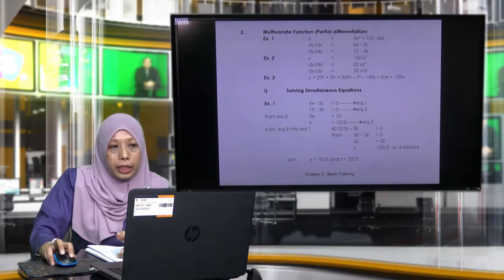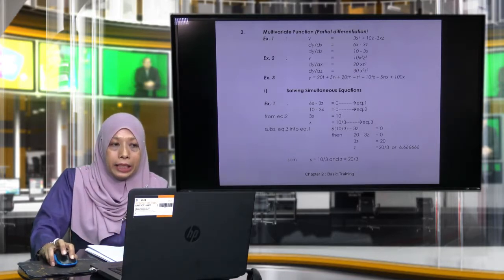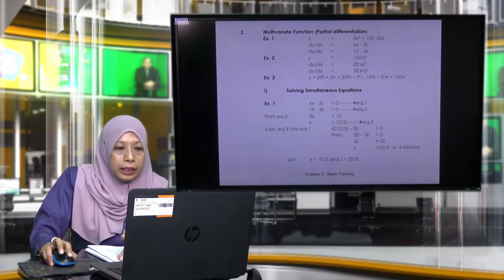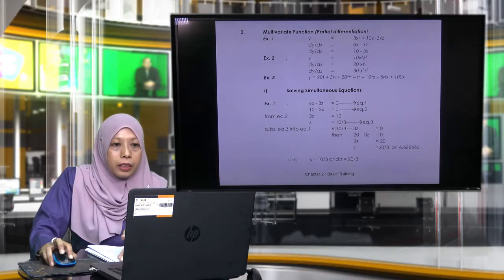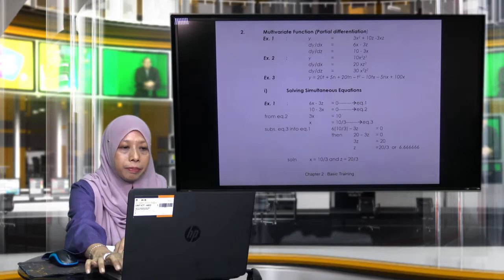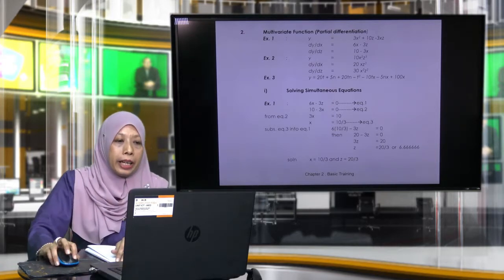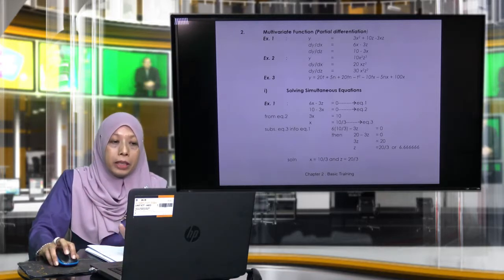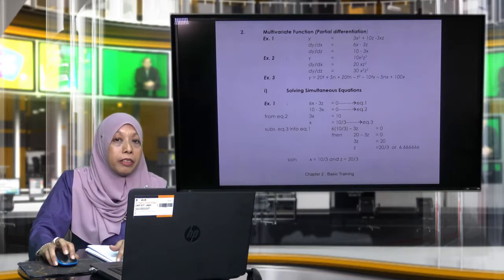What I'm going to do next is show you in detail how I derive the answer for example 1. So let us look at the first example just now. We have y equals 3x squared plus 10z minus 3xz, and as I mentioned earlier, this is a multivariate function.